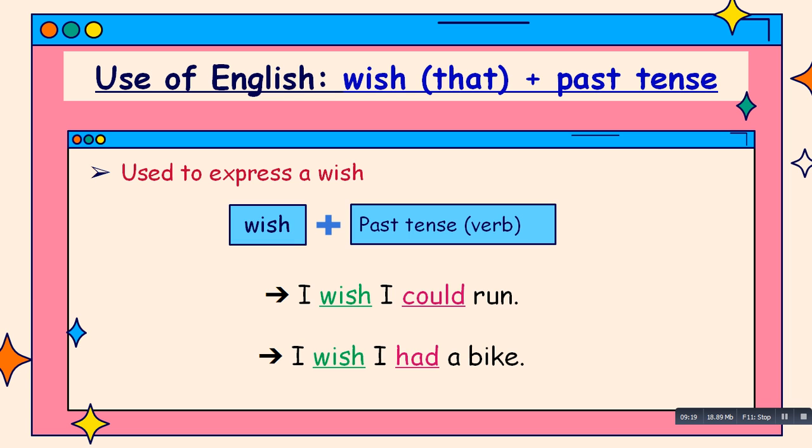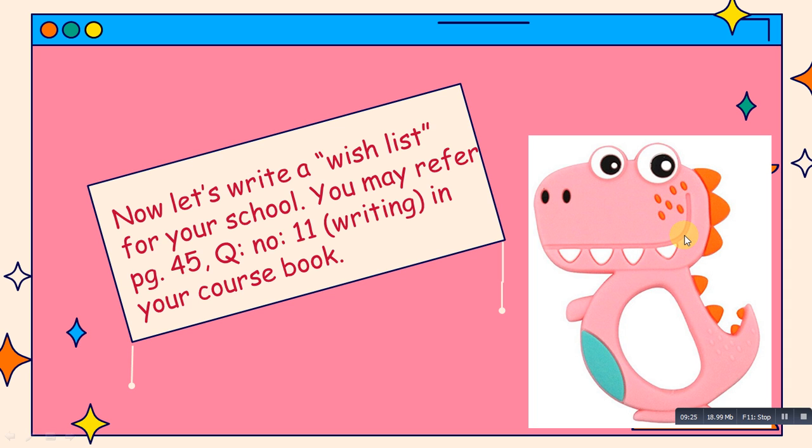Right, now take your learner's book again and turn to page number 45, and please do question number 11. It says, write a wish list for your school. Remember to use the past tense after I wish that. Kids, you can see there are 4 pictures under question number 11.